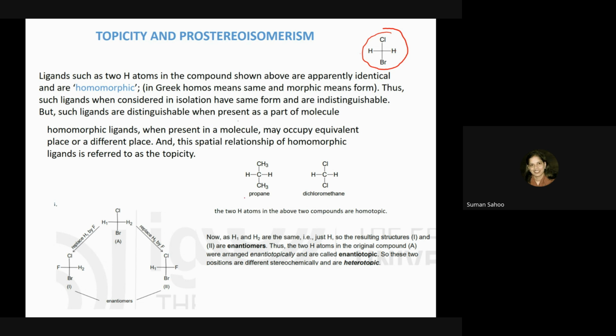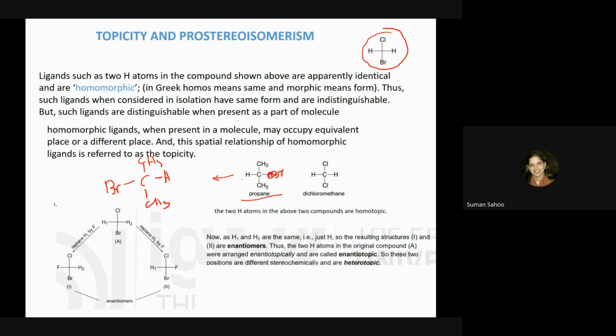For example, you just take this one. In this case, both these hydrogens are homomorphic, because if I replace either of these hydrogens with bromine, suppose this one, CH3, I replace this hydrogen with bromine, it would give me 2-bromopropane, or if I replace the other hydrogen, that would also give me 2-bromopropane, and these two are not stereoisomers, they are the same.